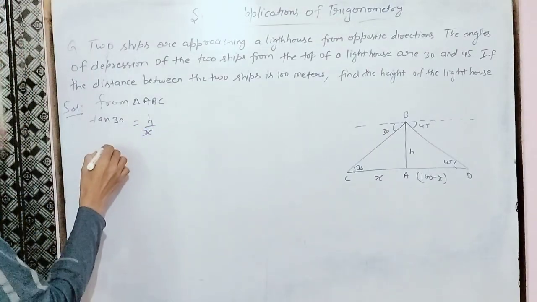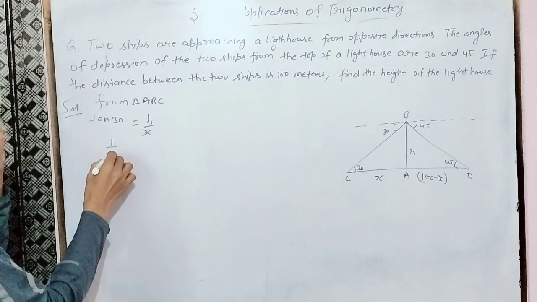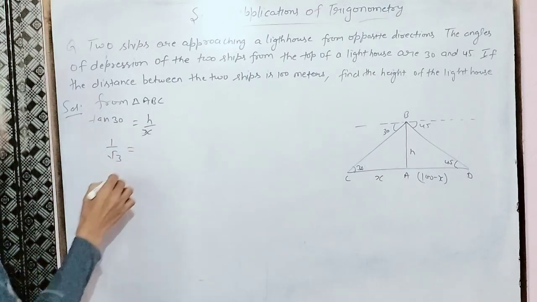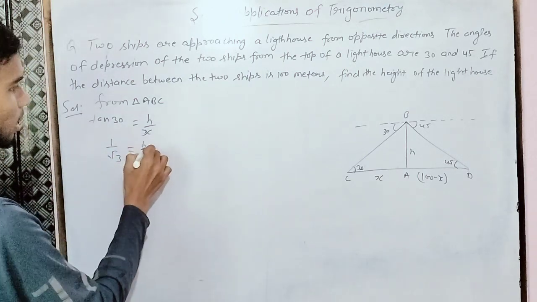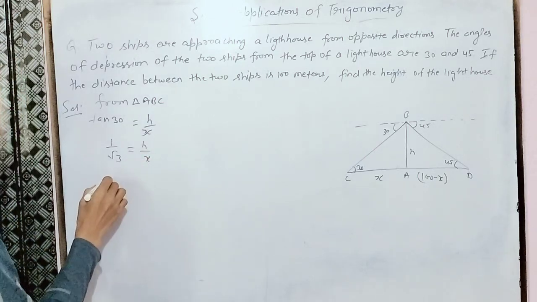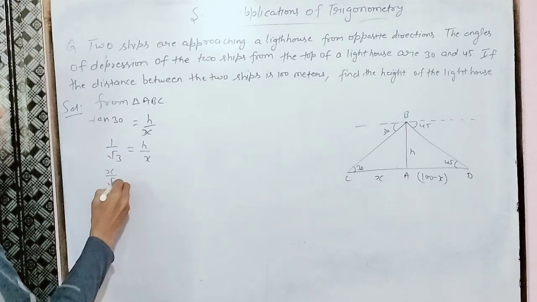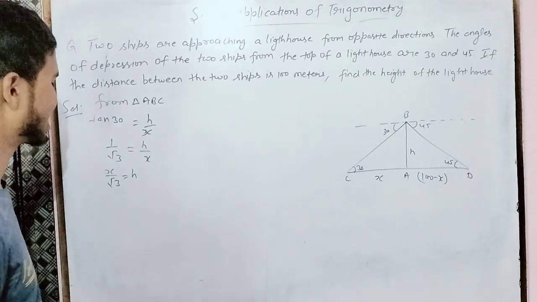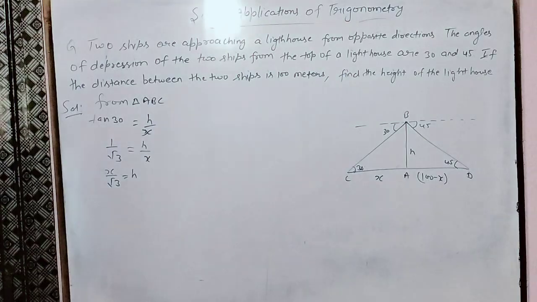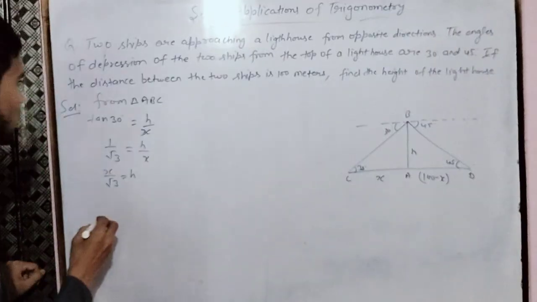Tan 30 is 1 upon root 3. So h is x upon root 3. This is h. Now something else.